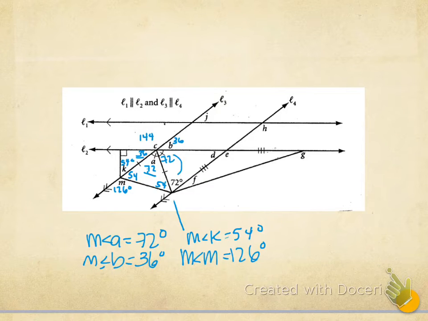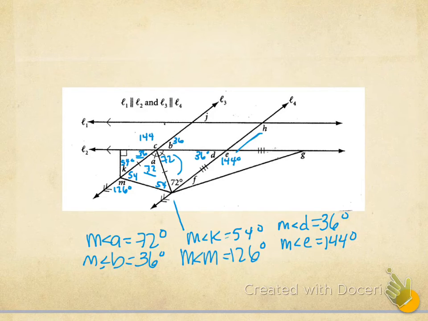These two are 72, so whatever's left from 180 should be D. So 72, so 180 minus 144, the measure of angle D is 36 degrees. This creates a straight line, so 180 minus 36. So the measure of angle E is 144 degrees.